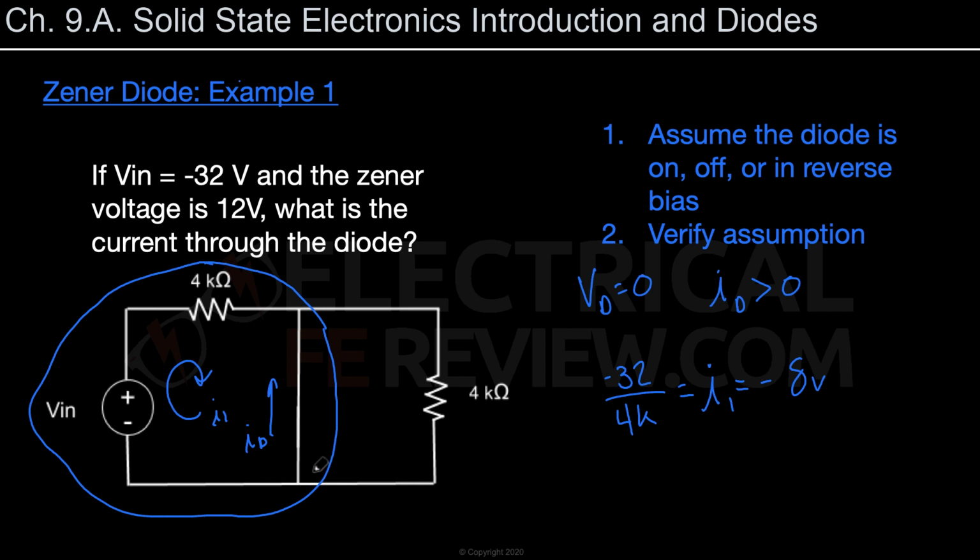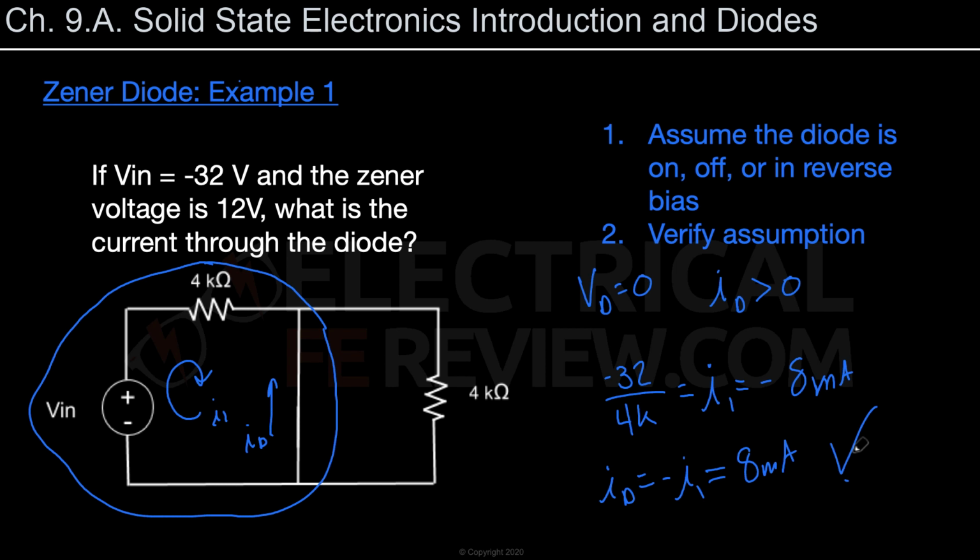And from seeing how we've drawn our currents, ID is going to be equal to negative I1, which means that the diode current is, I'm sorry, this is supposed to say milliamps, it is 8 milliamps, which is greater than 0, which means that we have verified our assumption for the Zener diode.